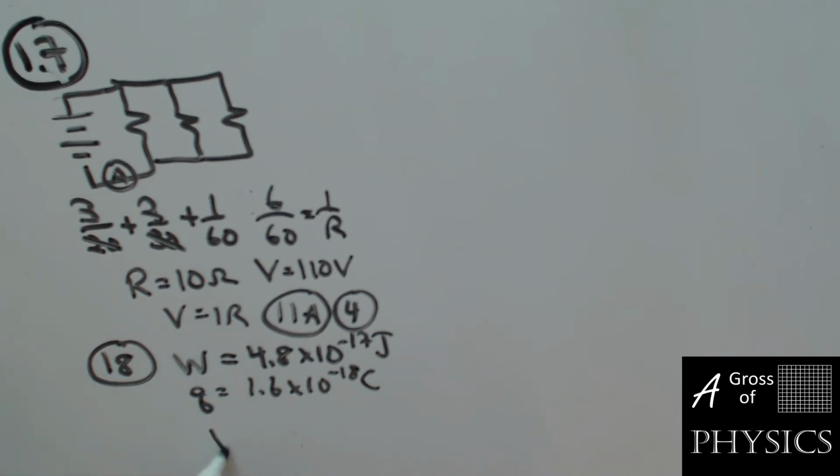Well, the equation is V equals W over Q. And we're looking for potential difference, so we're looking for V. That's going to be 4.8E negative 17 divided by 1.6E negative 19. I wrote negative 18 earlier, so let me change that to negative 19. And you get 300 volts, which is choice 2.